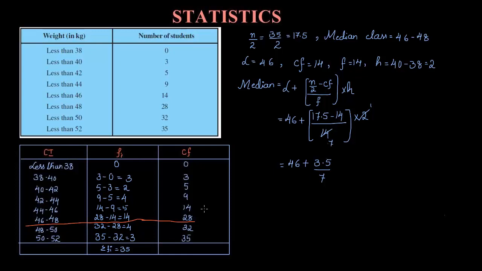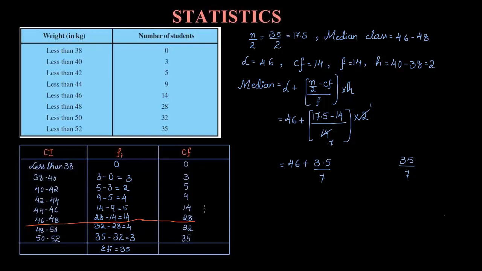Now whenever you are getting the decimal and you are about to divide that, you'll find it a little bit difficult to divide the decimal. So what I usually do, you can multiply and divide with some number. Which number is that? You need to find the number of terms after the decimal.